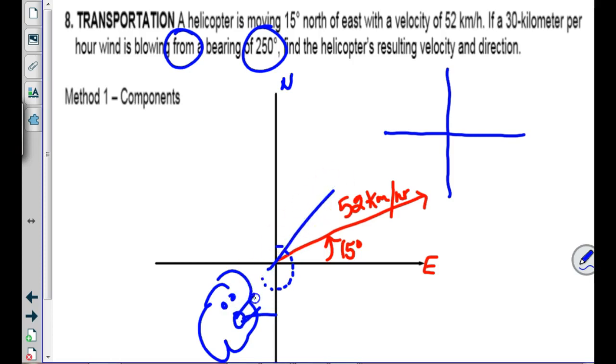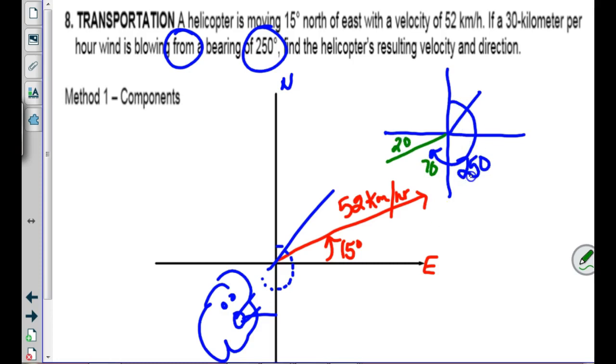All right, got to do a bunch of geometry here, and we may want to just go up and do this on a separate axis for the wind. If this is 250, this is what angle in here, guys? 180 plus 70, so this one's 20, right?